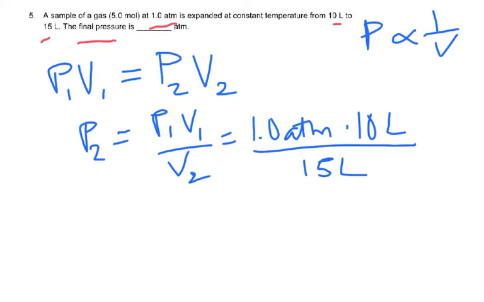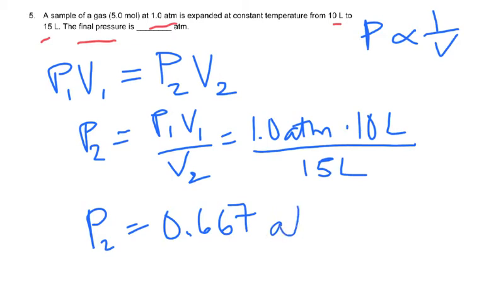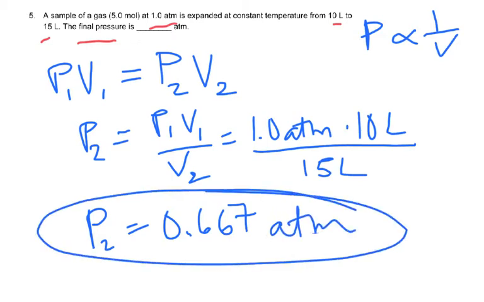So 10 divided by 15, P2 is equal to 0.667 atm. And if you're doing sig figs, you would need just 2 sig figs, so it would be 0.67.